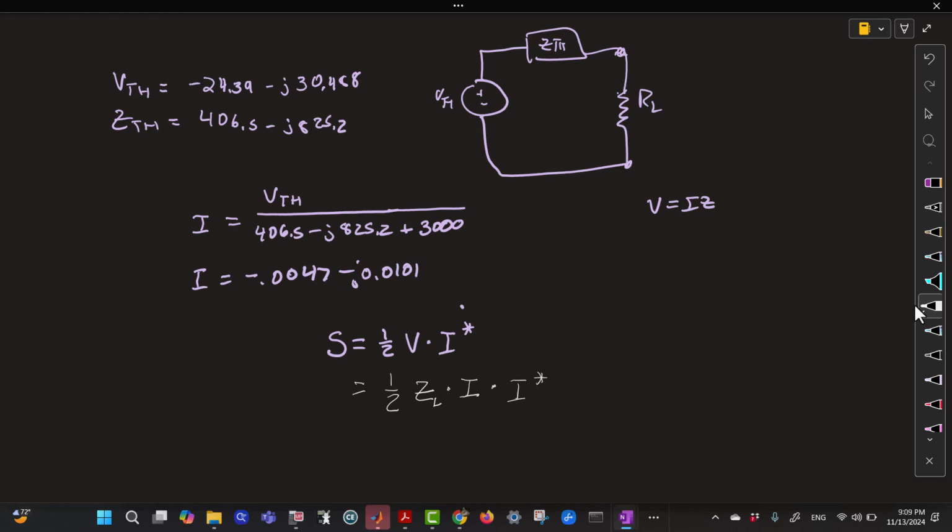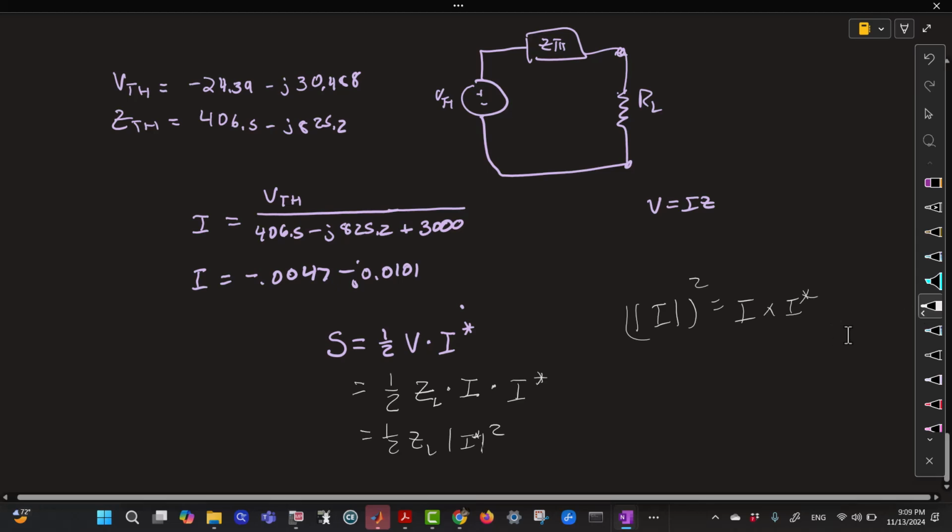Now, I times I conjugate, well, that's the definition of the magnitude squared. So the magnitude of anything squared is that thing times its conjugate. So this is probably one of the formulas that you have.